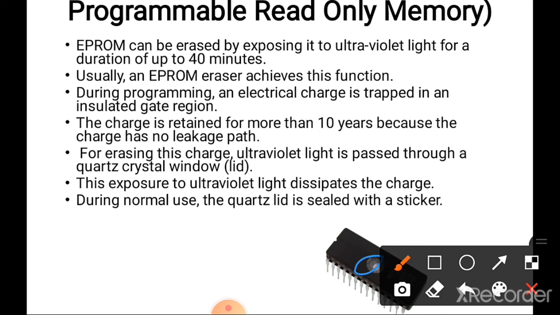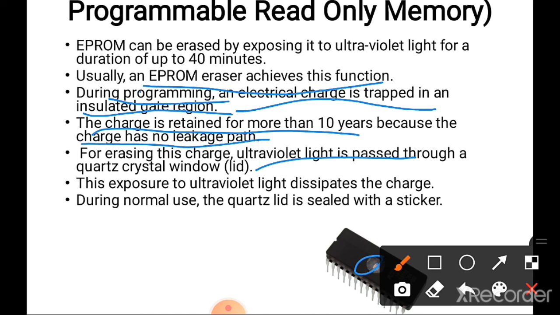If we want to erase the charge, ultraviolet light is passed through the quartz crystal window. During programming, an electrical charge is trapped in an insulated gate region. The charge is retained for more than 10 years because the charge has no leakage path. Then if we want to erase that charge, we pass ultraviolet light through the quartz.